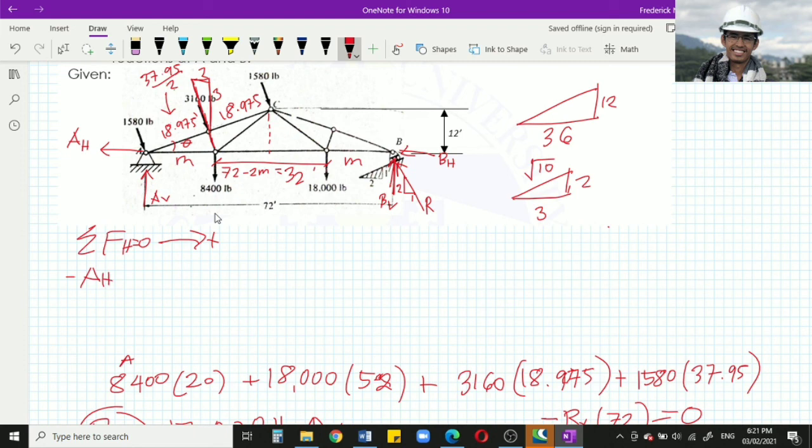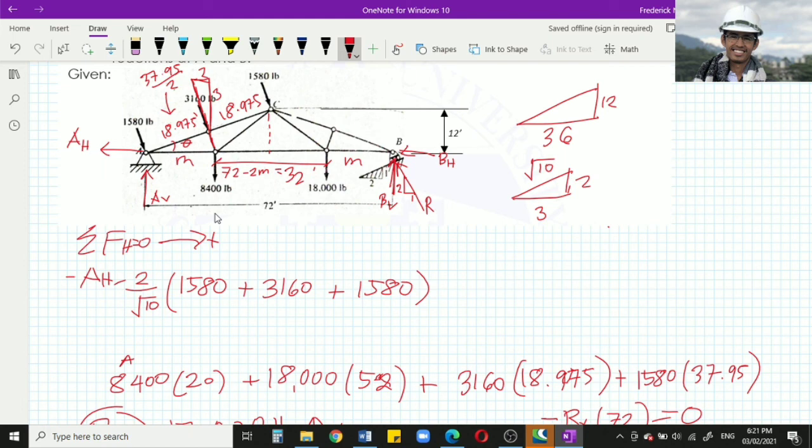So, minus yung horizontal components naman, yung forces natin dito. So, yung gagamitin natin is yung 2. So, that will be 2 over square root of 10 times 1580 plus 3160 plus 1580. Okay?